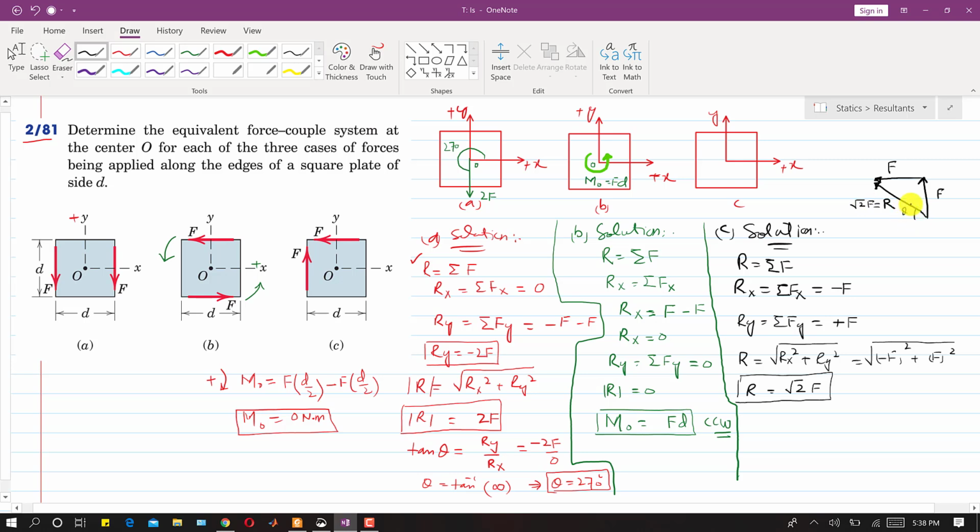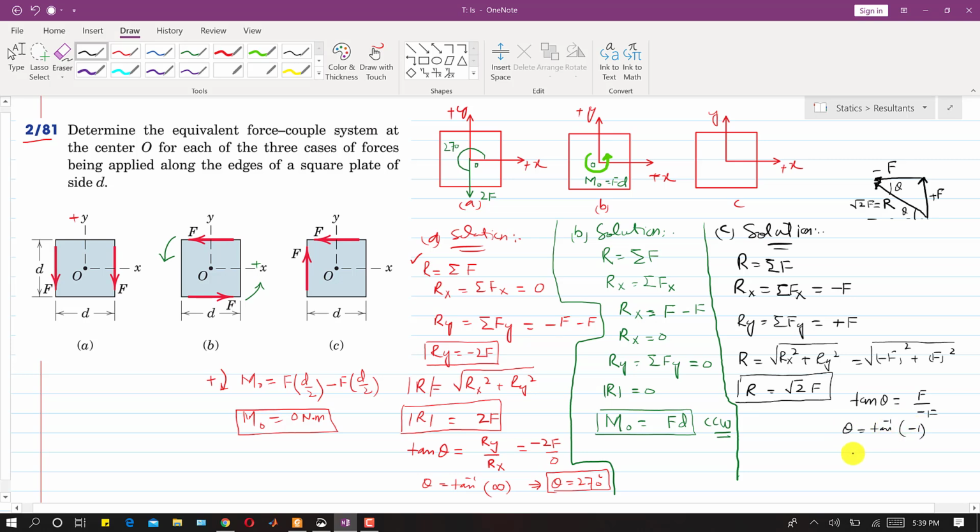So if we apply this tan theta to this, this is theta, so this is also theta. Tan theta will be equal to this F and this R y component, so this R y is plus F and this is minus F. So we will write F divided by minus F. So theta will be equal to tan inverse of minus 1.